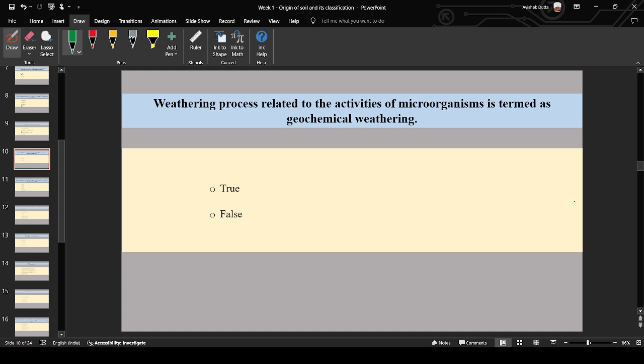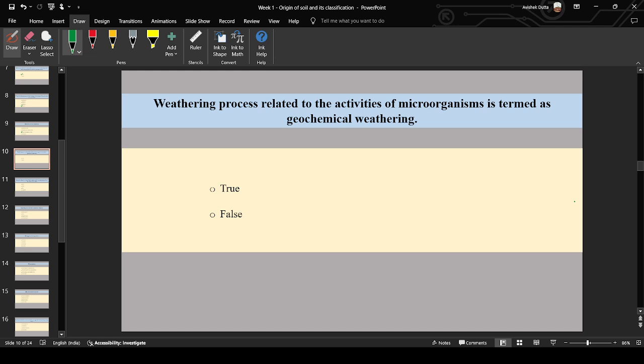Geochemical weathering mainly happens because of the action of chemical solutions which are produced because of geological activities. Now, when microorganisms are concerned, the term we use for the action of microorganisms is generally called biological weathering.